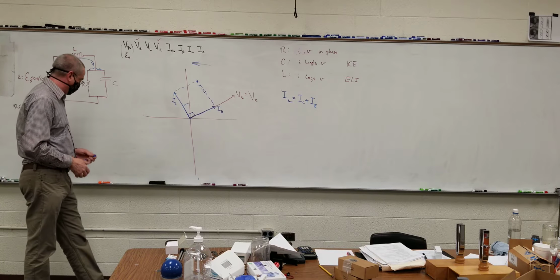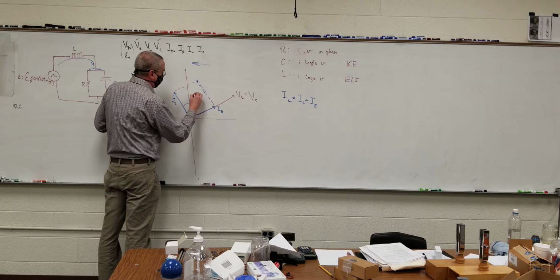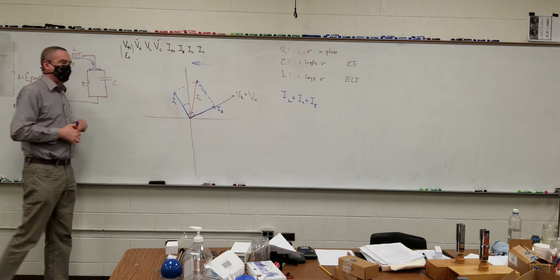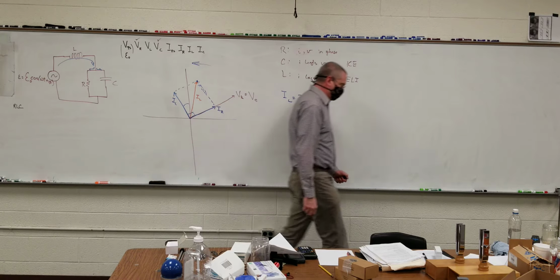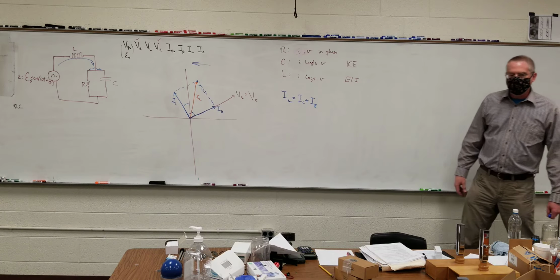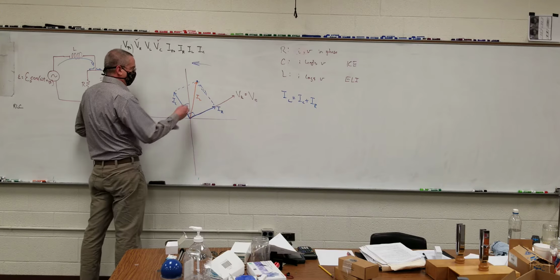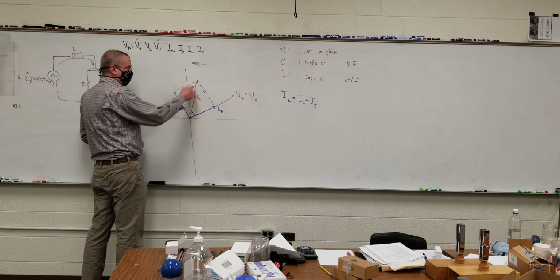And so the sum of those two is IL. Now, one of the mistakes I see students sometimes make is that they're adding them together, and they know it's going to be in that direction, but they draw it to here. No, draw it the full length.